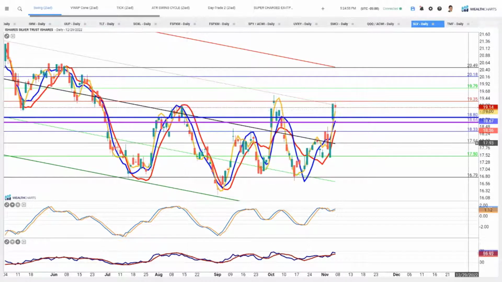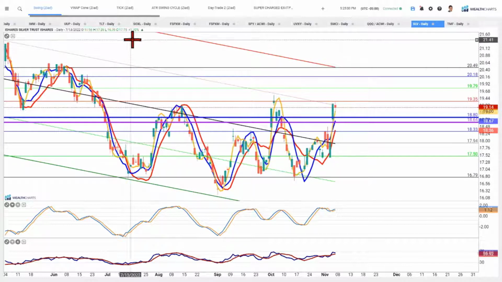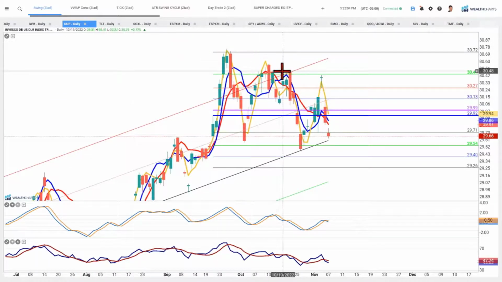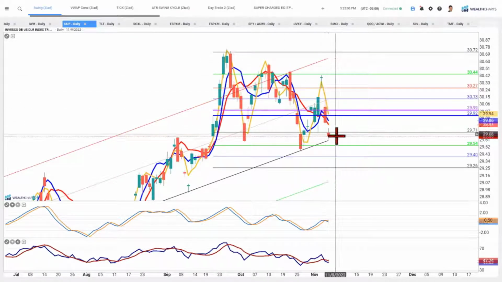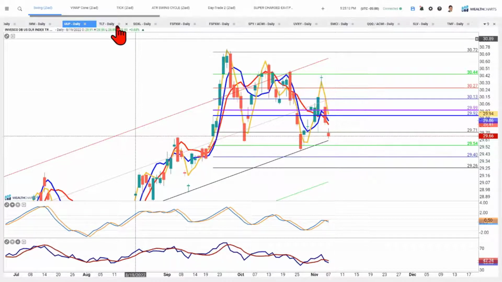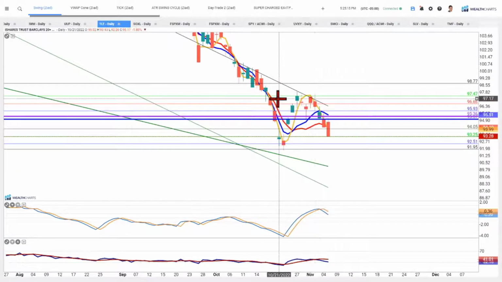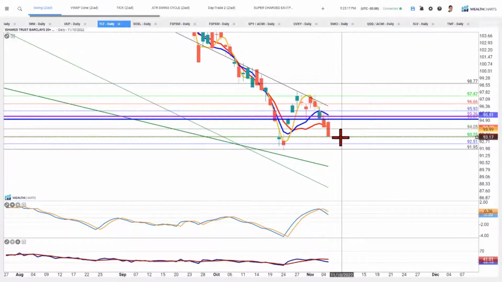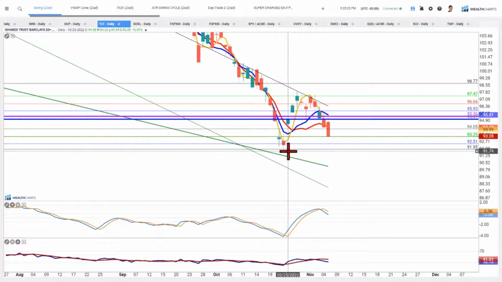Now, in order for us to get a good grasp on where this market may be going, we certainly have to have a view on the dollar and a view technically on the dollar. It's still set up to go down, but oversold enough to give us some dead cat bounces in the day or days ahead. The technical view on the long-term U.S. Treasury ETF is quite negative still, with the potential for even lower lows than we've seen back over here around October the 24th.